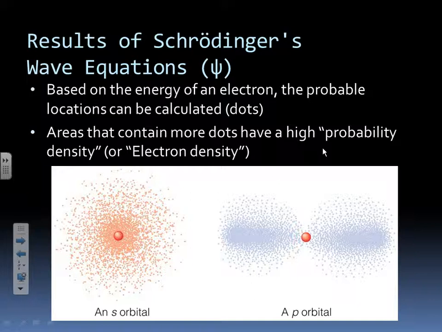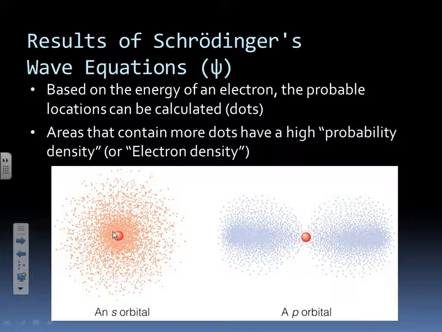Schrödinger's wave equation allows us to calculate the chances or the probability that electrons exist in a certain area. These dots represent a possible location for an electron. Is it where an electron is? No. Is it a possible location?